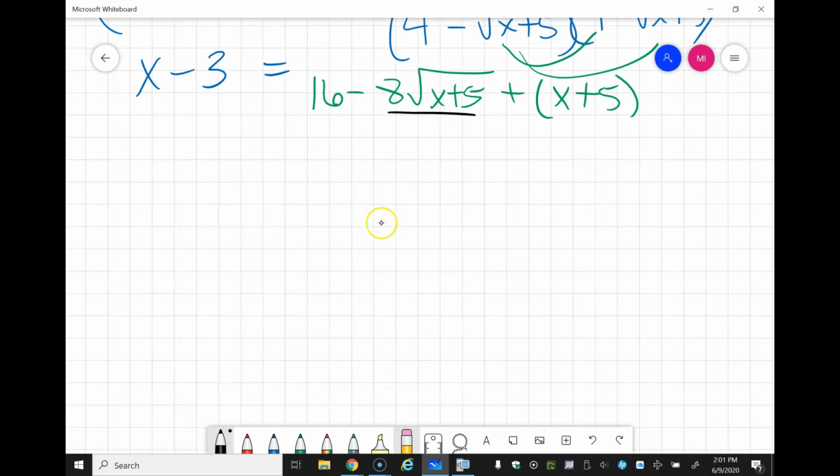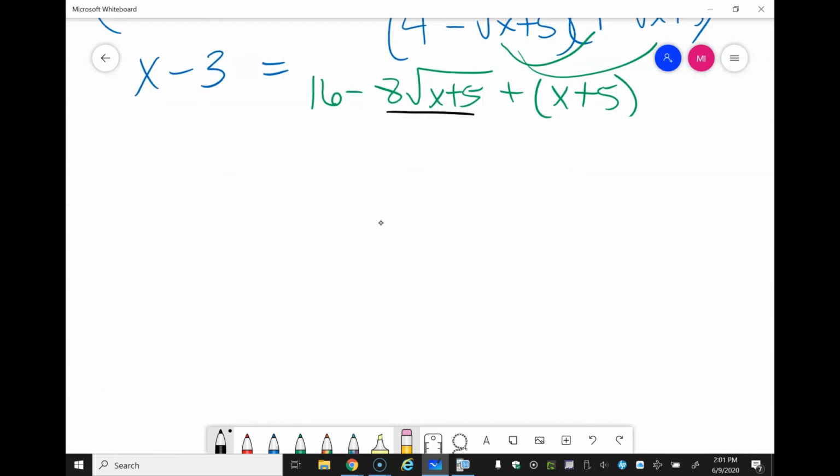So here we're going to combine like terms now. Once I combine like terms, I can take the x over here and get rid of the x's. So this minus x and this minus x, both of these go away. I have 16 plus 5, that gives me 21, with a minus 3 on this side. So let's do minus 3.